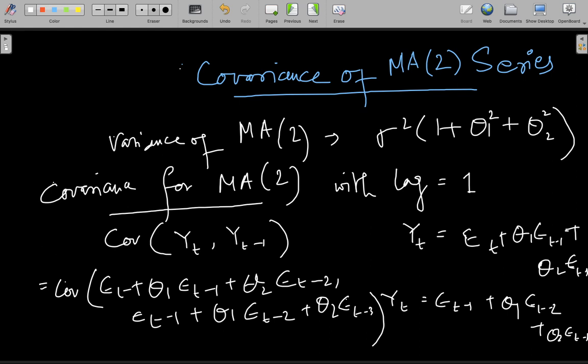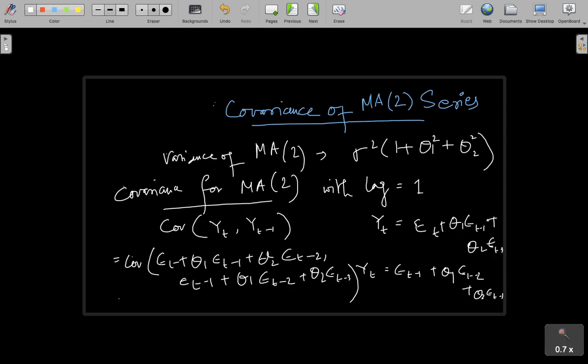Now, when I multiply the terms within the covariance, the first term with epsilon t minus 1, epsilon t minus 2, and epsilon t minus 3 is going to be 0. Here, epsilon t minus 1 with epsilon t minus 1, so that term will remain.